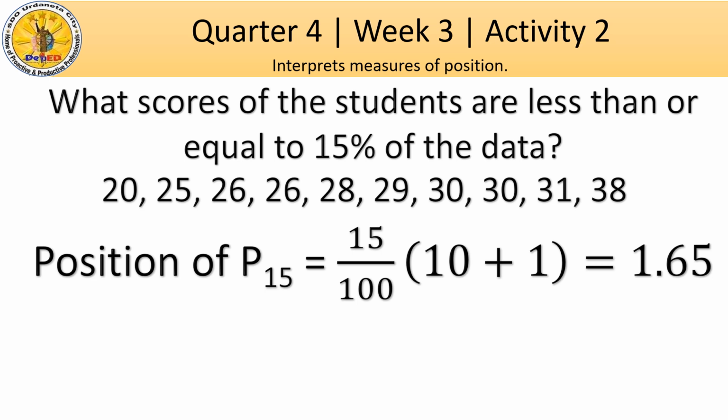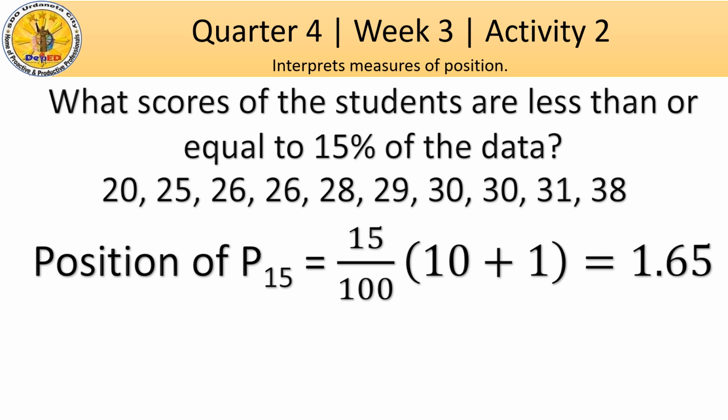So you already know this because this is already discussed in your week 1 and week 2, specifically in week 1, okay, with ungrouped data. Okay, because the given in your activity 2 is also ungrouped, so we will have the ungrouped set of data. So for this one, you can already observe that the computation would produce a decimal.